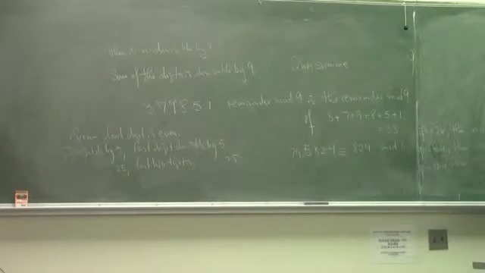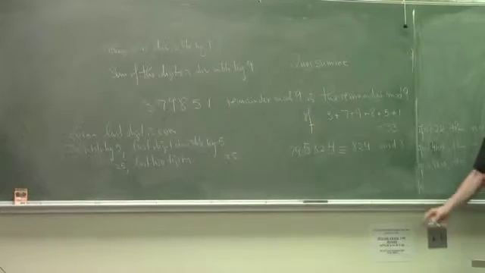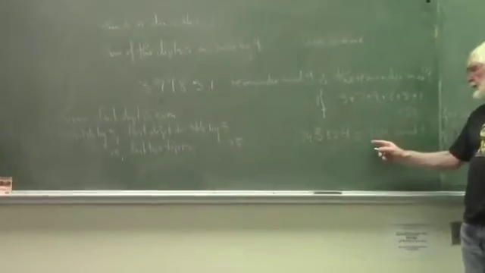So the remainder is the same. Divisibility by 8, you check by looking at the last 3 digits.